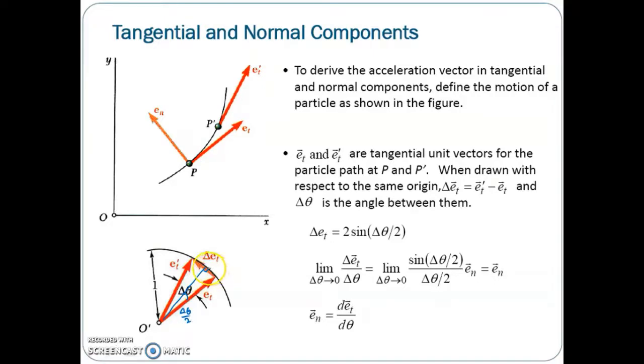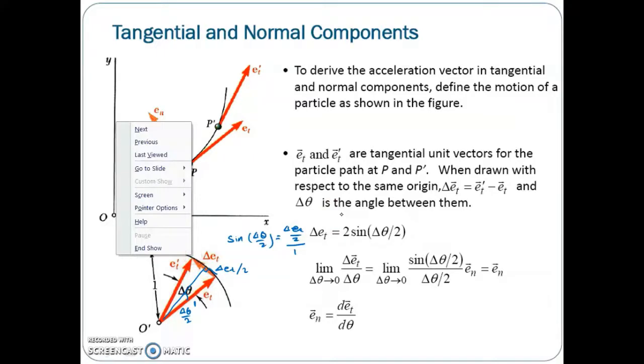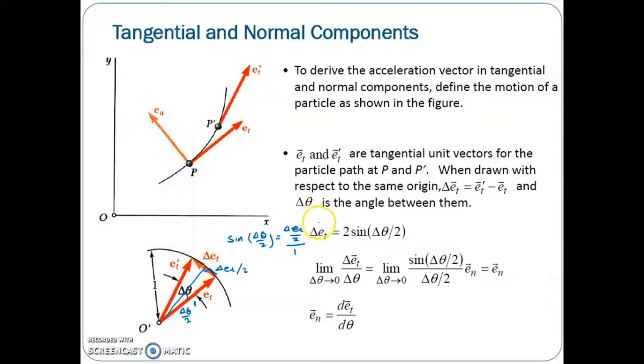Taking the sine, sine of delta theta over 2 is equal to delta e_t over 2 divided by this unit length 1. So this gives us delta e_t equals 2 sine delta theta over 2.